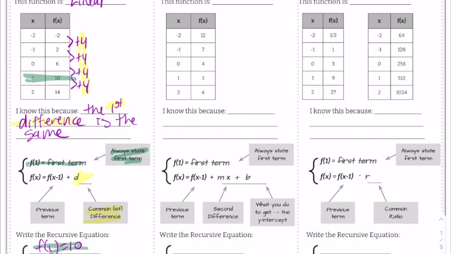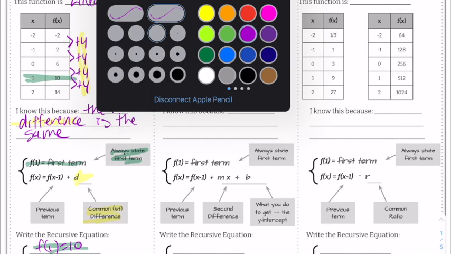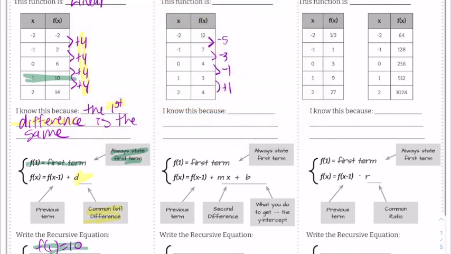Now, if we look at the next one, if we find our first difference, this is going down by 5. Make sure that you notate with negative signs if it's going down or positive signs if it's going up. Well, notice the first difference is not the same, so I know this one is not linear. So then I'm going to look at the second difference.